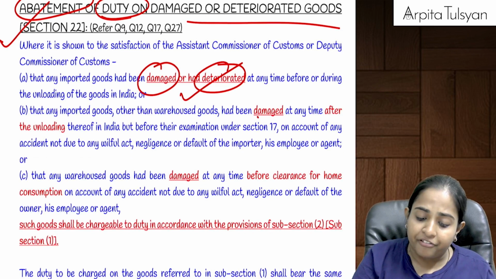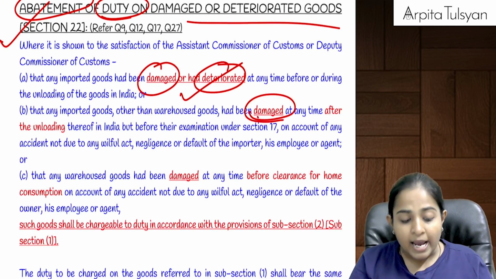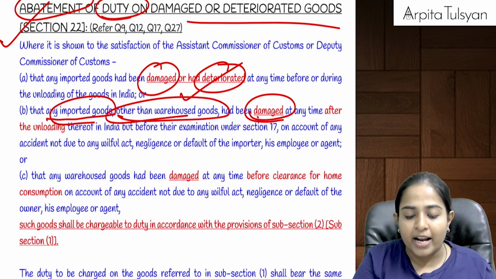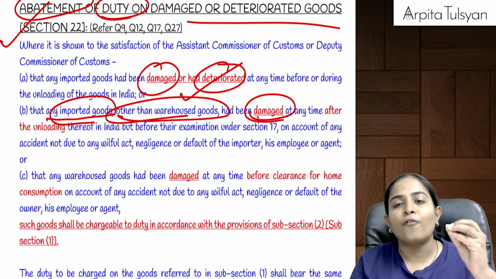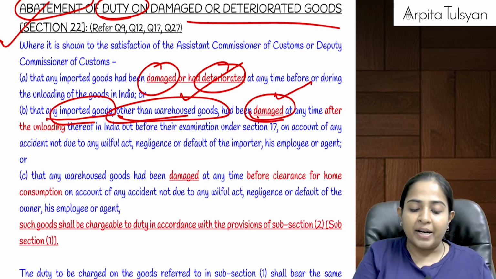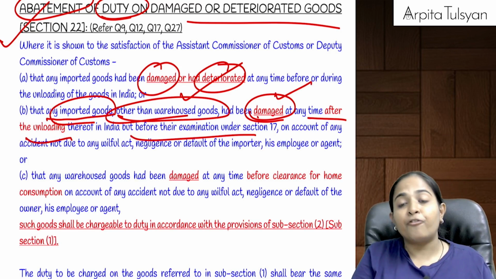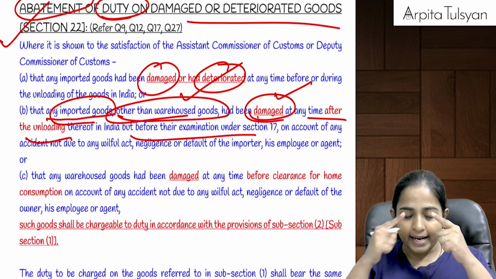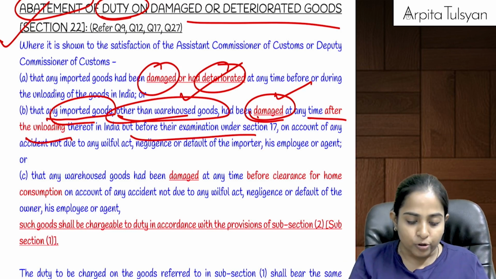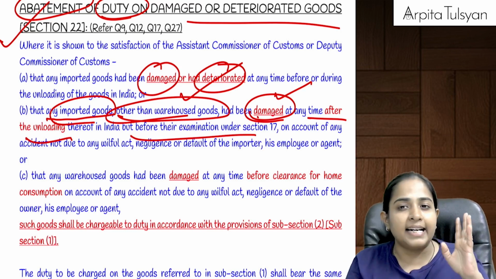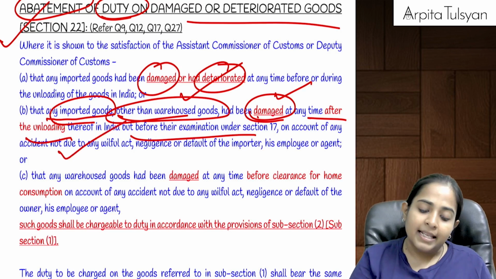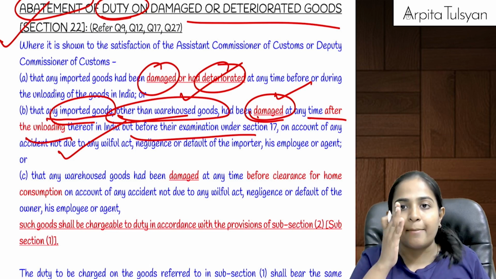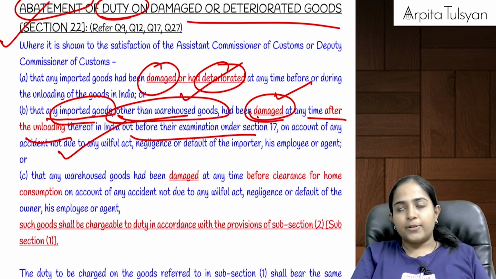Or if damage, not deterioration now, of imported goods other than warehouse goods, meaning such goods which you are going to clear for home consumption, if damage has happened after unloading but before examination of the goods by the proper officer, and if that has happened accidentally, then you will be eligible for abatement.